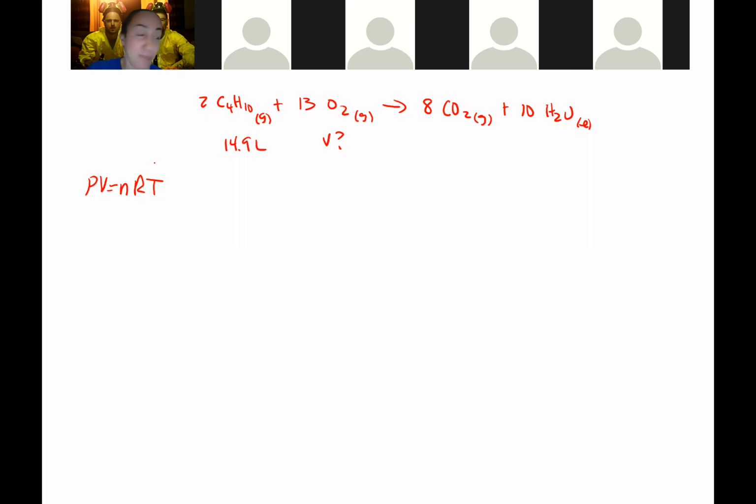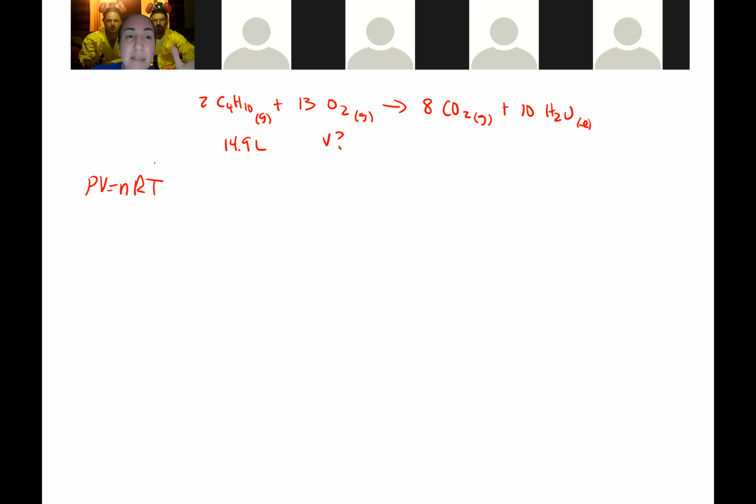But assuming that the temperature and pressure do not change. Actually, you can do it in a bomb calorimeter. Then you can control the pressure. But that's neither here nor there. So anyway, assuming pressure and temperature are constant.